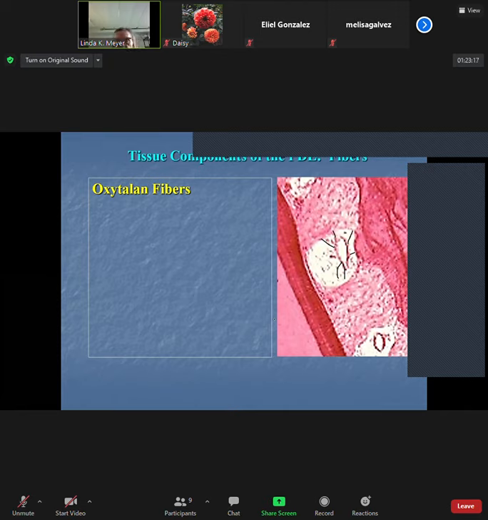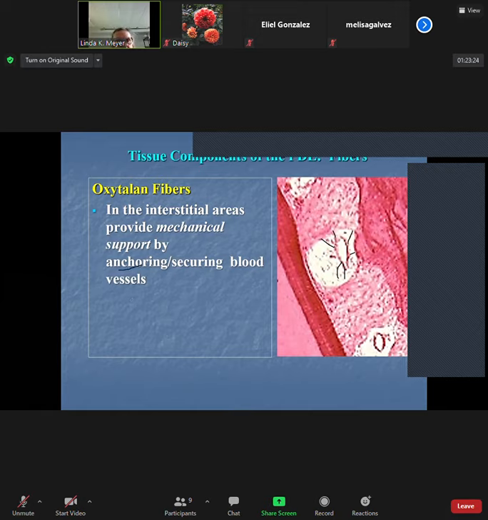And recall, in connective tissues, they provide mechanical support in 2 ways. They anchor or secure blood vessels. So they kind of limit the movement of the blood vessel, kind of keep it in place, although it can move just a little bit, just like a boat can. When it's anchored, it'll move around slightly, but just in a limited area.